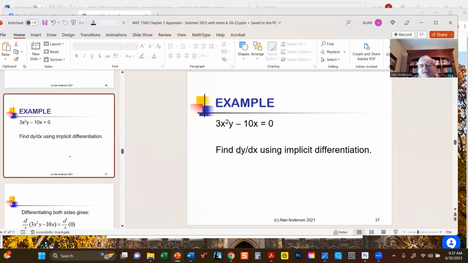Not impossible, but a mess to separate out the y from the x. So let's try implicit differentiation. So you're applying the derivative or taking the differential of both sides. Now, obviously, the derivative of 0 is just 0.